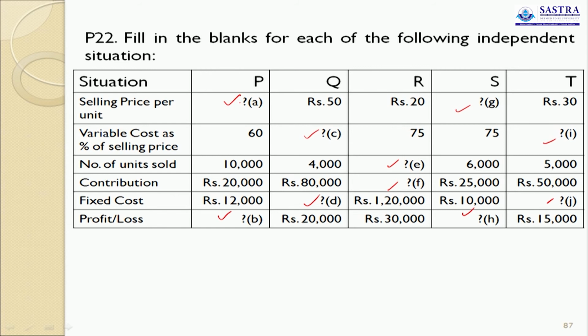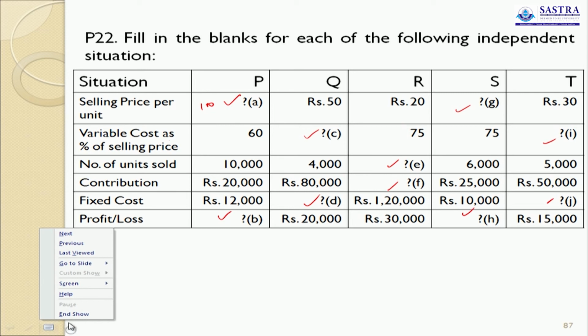So how can we find out the selling price per unit? Variable cost as percentage on selling price is 60%. So selling price per unit is 100%. Number of units sold 10,000, contribution is 20,000, fixed cost is 12,000. Then profit or loss is question mark.